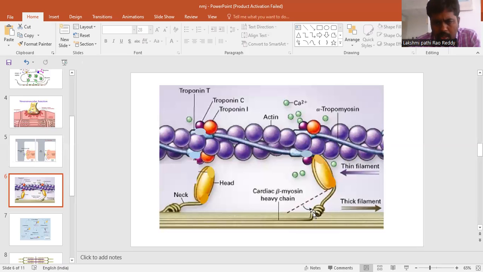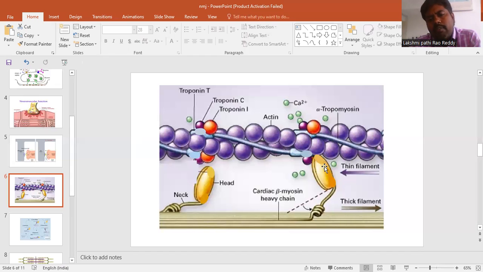Then, what happens to the head of the myosin when the active sites are exposed? Whenever the calcium binds with the troponin C, the tropomyosin moves apart, and the active sites are exposed.